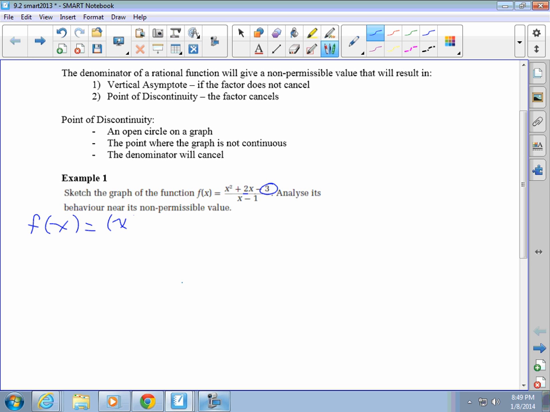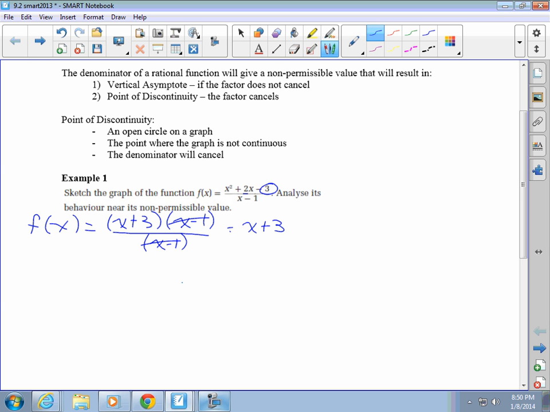So that's going to be (x plus 3) times (x minus 1) all over (x minus 1). Now you have to remember when you're canceling, if you can't cancel a whole factor, then you can't cancel parts. So I couldn't cancel my x with my x and my x plus 3 because I'm not canceling the whole thing. But I can cancel x minus 1 with x minus 1. So this leaves me with x plus 3.